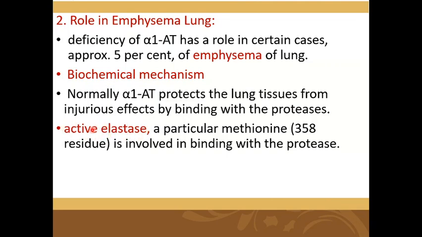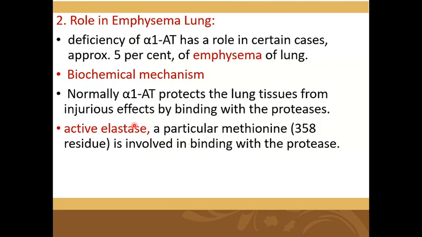Active elastase has methionine at the 358 position and it is involved in binding with the protease. Right? What is protease? That is the enzyme. Here, what we have called protease, we have meant active elastase.